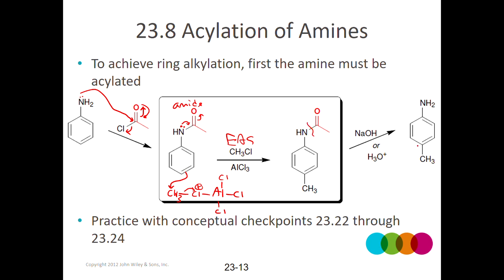If we wanted to make the amine product, we put the protecting group on so that it facilitates a more effective and efficient EAS reaction, but then we have to remove the protecting group. So a lot of times a protecting group is a nice strategy, but it's always going to add at least 2 additional steps to your synthesis, putting the protecting group on and taking the protecting group off.